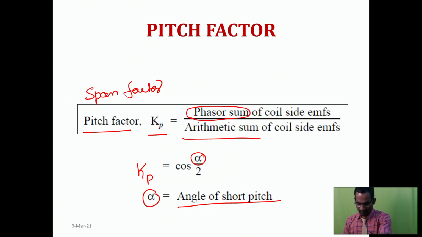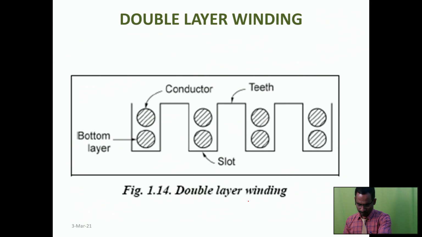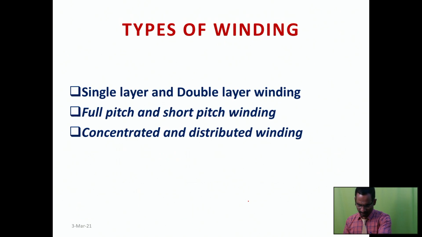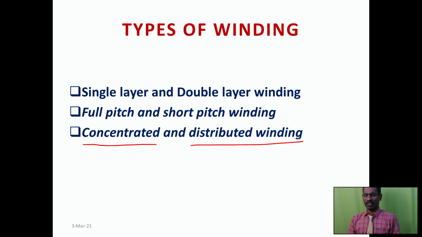Right? Then before going to the next factor, I will explain you about the next one. Third category, concentrated winding or distributed winding. So what is meant by concentrated or distributed? I have already started like this. We have 36 slots.